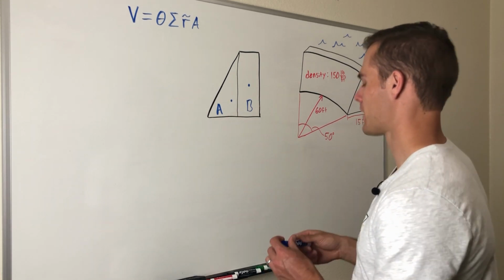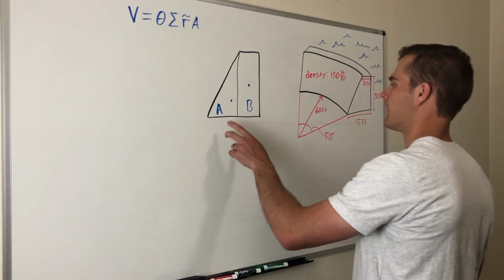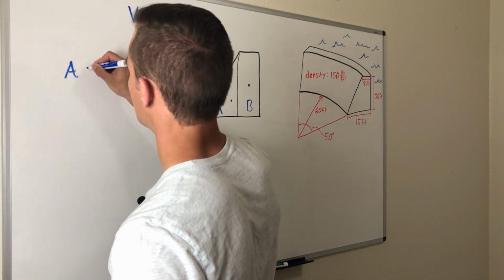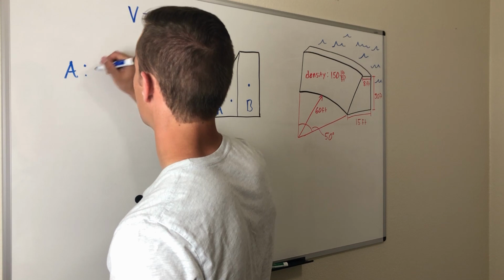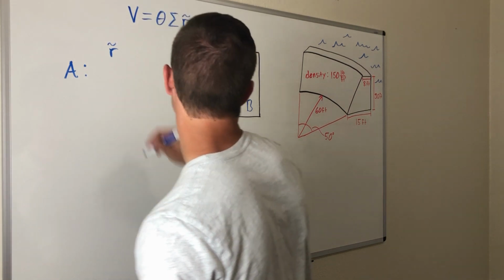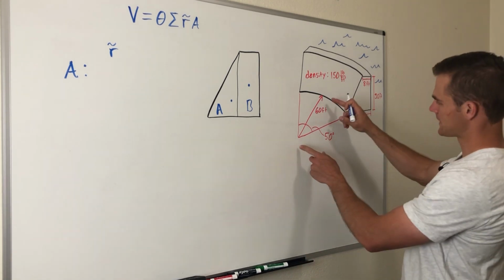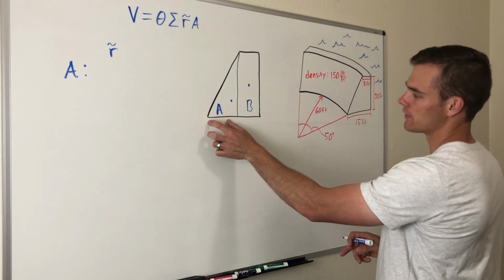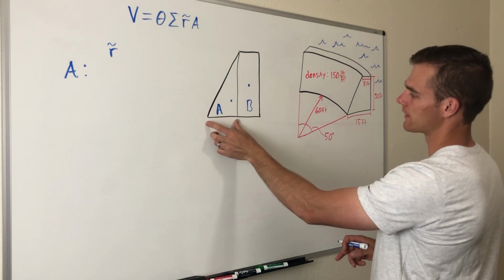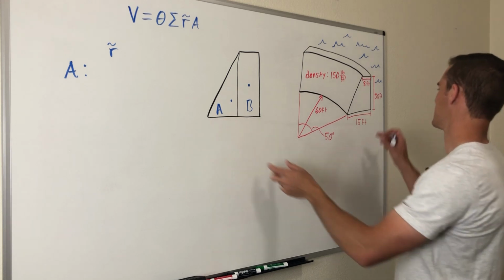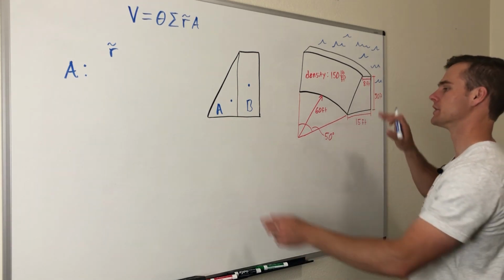So to find that distance, we're going to label them over here. So for A, we're going to find our R tilde, and that's going to be 60 feet plus 2/3 of the length of the base of this triangle. And the length is 15 minus 8, which is 7.